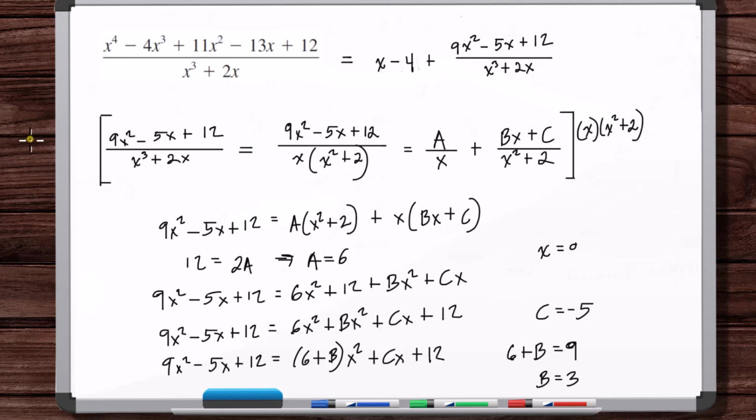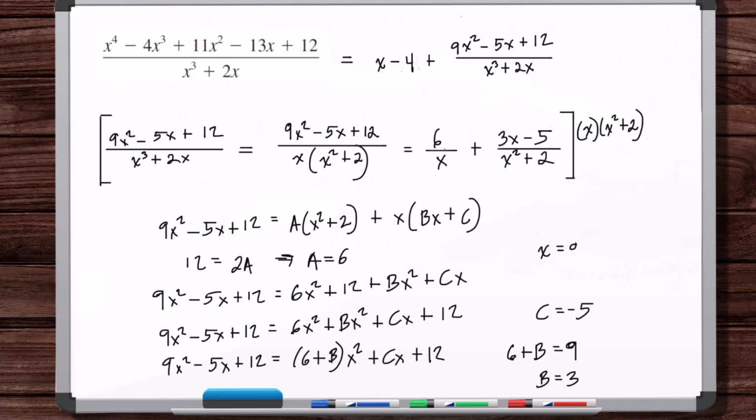Okay, so a is equal to 6. Bx plus c is equal to 3x minus 5.